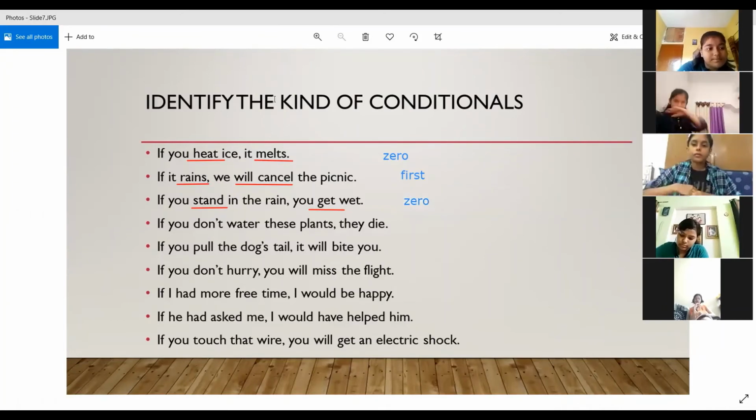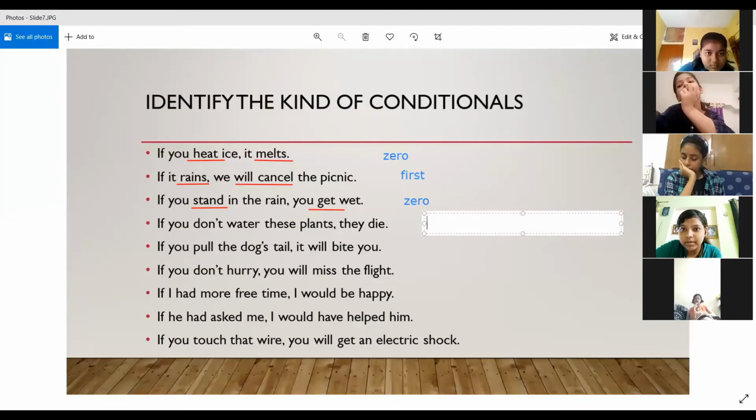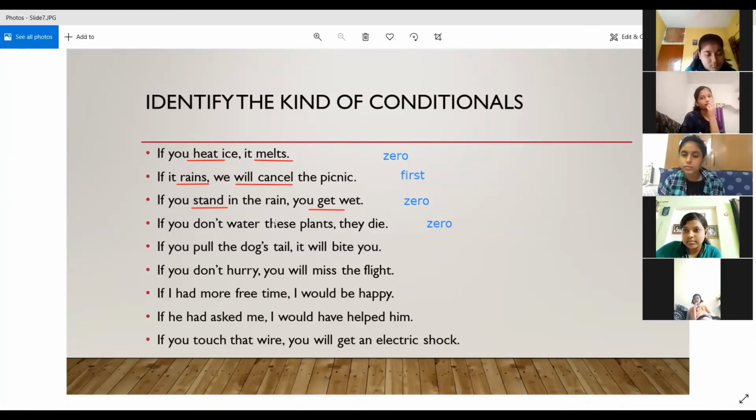Thank you, sir. Well, yes, Yenia. Sir, it is zero conditional sentence. Yes, tell me the reason also. Because it is stating a general fact, and in both the clauses, simple present has been used. Yes, correct. So again, we know that if we don't give water to the plants, they are surely going to die, because water is their food.